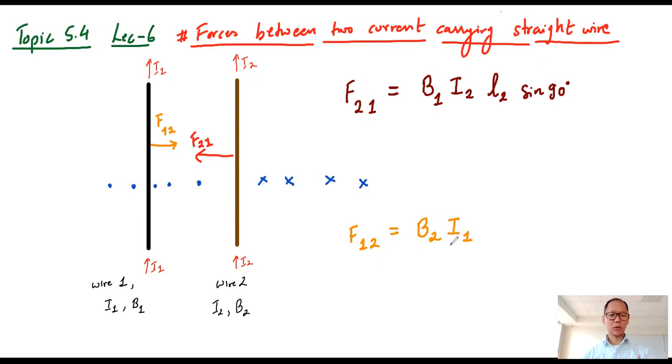Because we are looking at the force acting on the wire 1, times L1 times, again, sine of 90 degrees, because the angle between the direction of the current and the magnetic field is perpendicular, so it should be 90 degrees. So from this case, what we can see is basically that the force acting on wire 1 and wire 2 is exactly the same. Does it look same? Let's try to verify that.